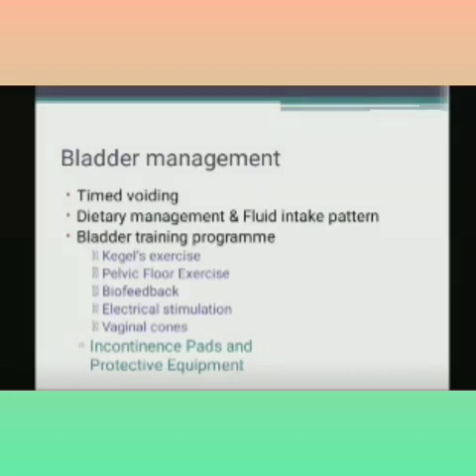All those can be controlled by using incontinence pads, or other protective equipment, like if they are bedridden, they have to use mattresses which won't get wet very easily. These are the equipment which have to be used to avoid soiling.